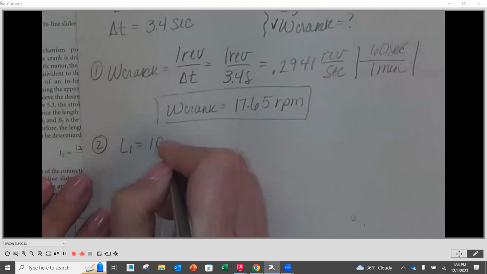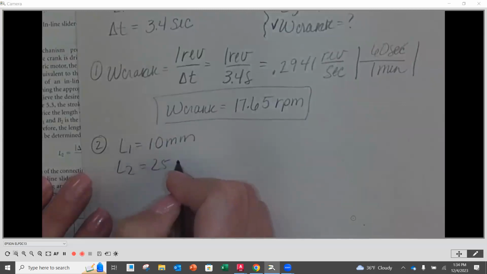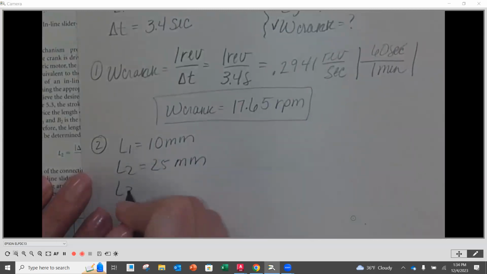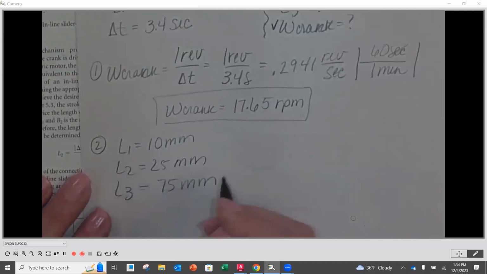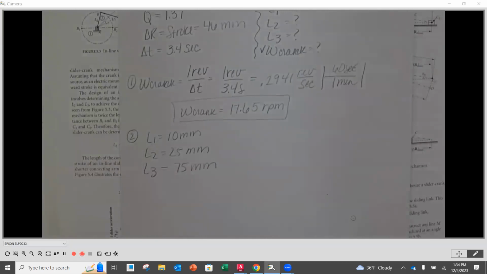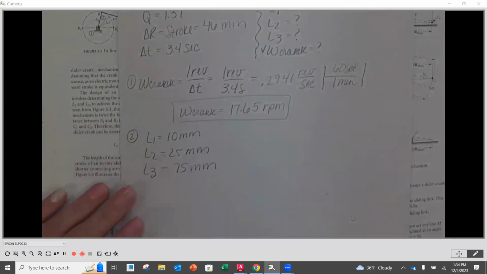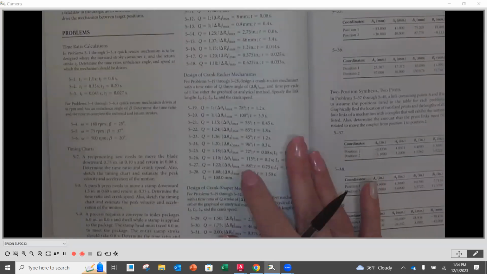L1 is equal to 10 millimeters. L2 is equal to 25 millimeters, and L3 is equal to, we did 75 millimeters. Okay, so those are there. Now, additionally, we do need to determine the times of the outward stroke and the inward stroke.